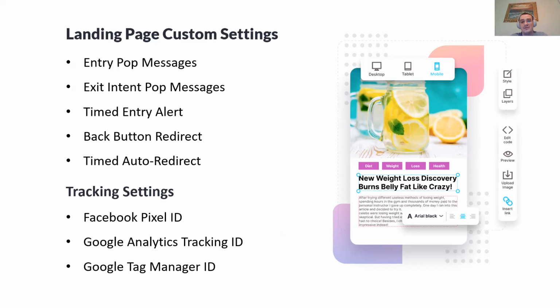So let's say if a visitor stays on a page for X amount of seconds, and then you want to redirect them automatically to the offer, you can do it right from the interface without having to write a single line of code. Also, you can easily add your Facebook pixel IDs or Google Analytics pixel IDs, as well as Google Tag Manager IDs on the landing pages.